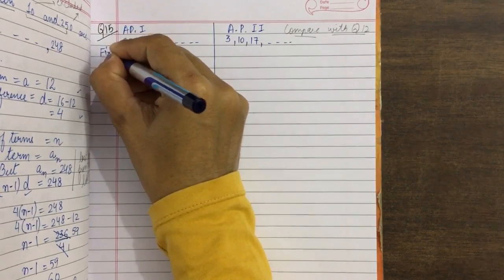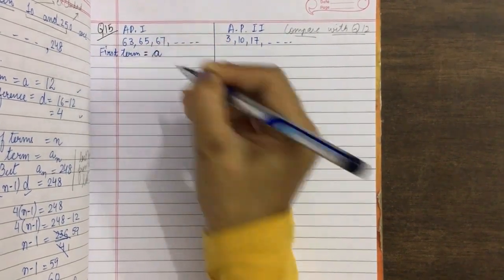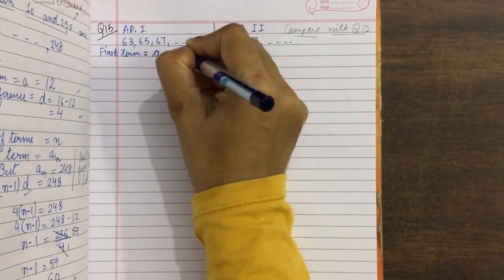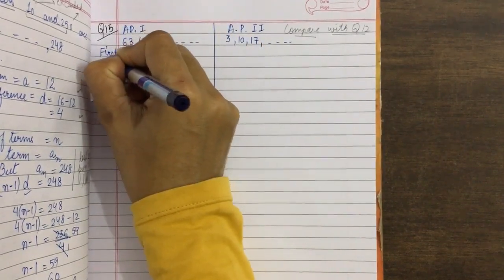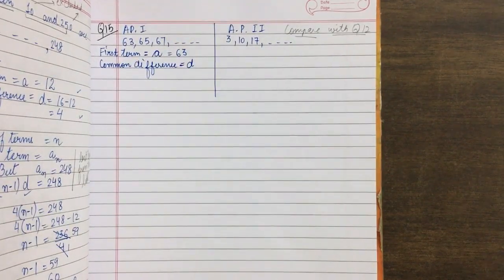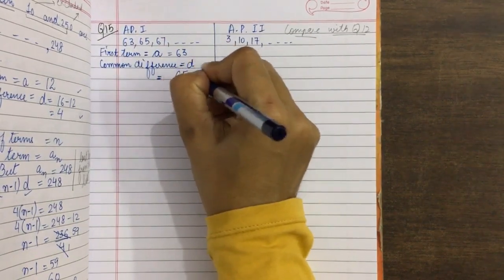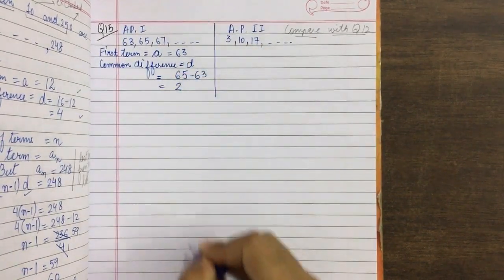So the first term for the first progression, I'm representing it with small a. This is 63, and the common difference, I am representing it with small d. Difference between two consecutive terms, this is 2.